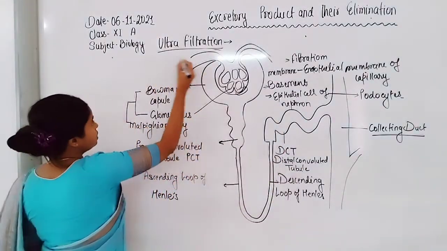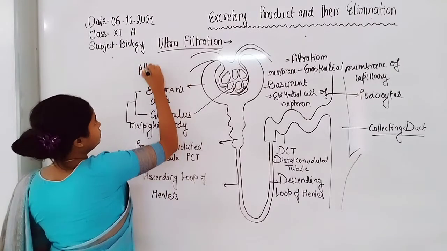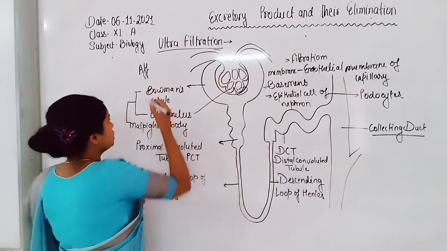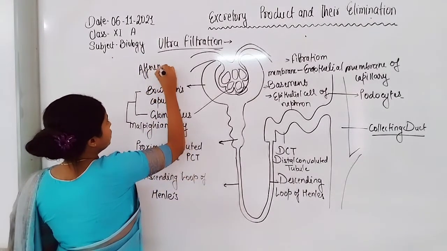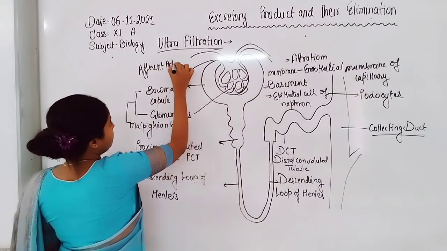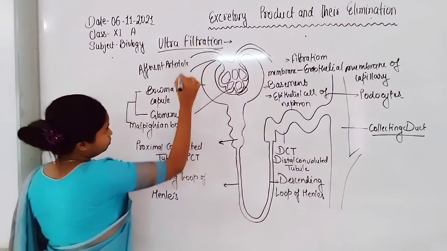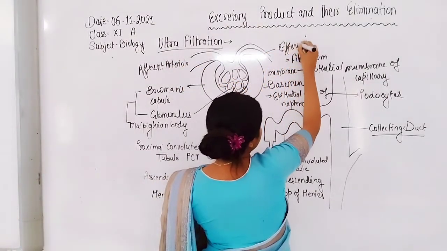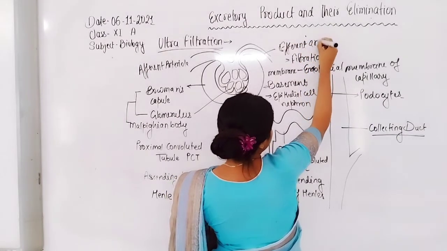Here is this large blood vessel, known as the efferent arteriole.